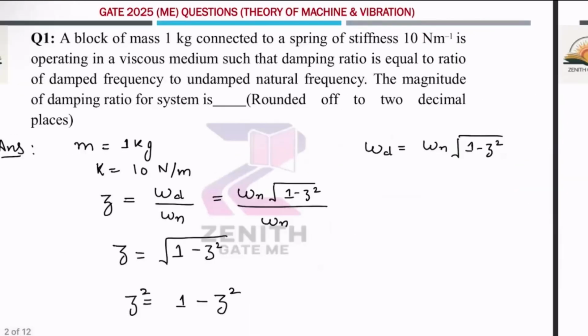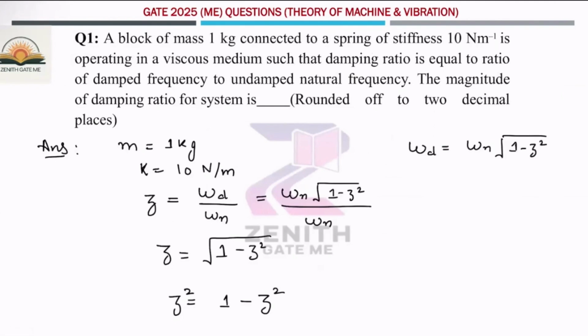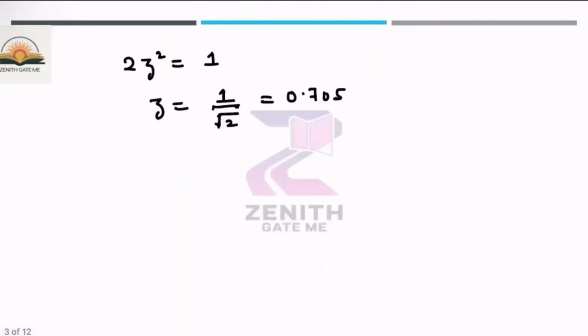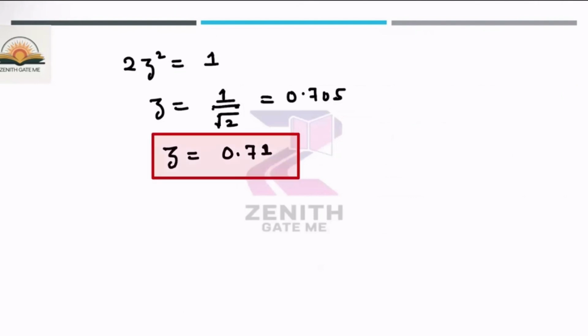Okay. But you have to mention the answer till two decimal places, so you have to round off to two decimal places. That means the correct answer for this question is zeta equal to 0.71. This is the final answer.